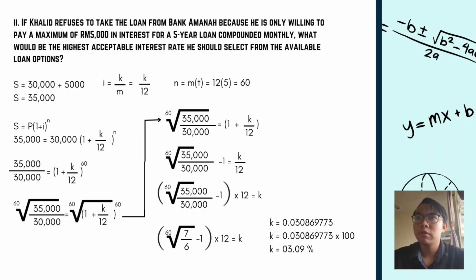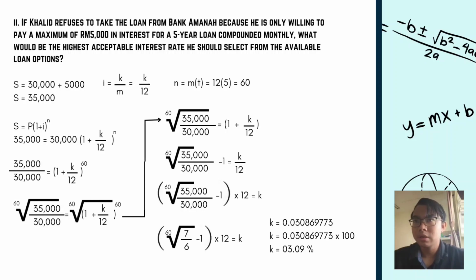Then 12 you must bring to the left side and it becomes bracket the 60th root of 35,000 divided by 30,000 minus 1 close bracket multiply 12 equals K. The last you must simplify and get bracket the 60th root of 7 over 6 minus 1 close bracket multiply 12 equals K. After calculating, you can get K equals 0.030869773.